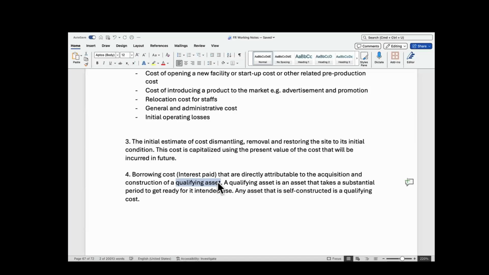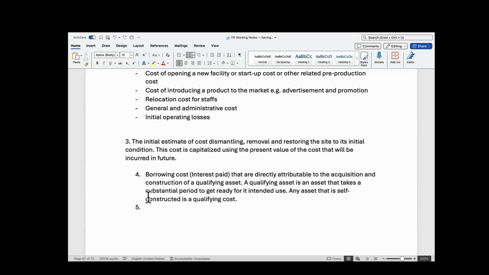Any interest paid on such borrowings would be expensed, not capitalized. And I made a very important point that the capitalization of this borrowing cost is only till the asset is ready, till construction is completed. As soon as construction is completed, any interest paid afterwards shall be expensed.